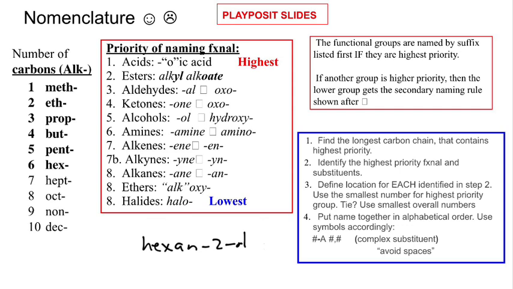If we break that out, we had the hex, then we had the an, which is our hybridization. If it's just alkanes, just a carbon chain, that's it, I would end in the E. If there's a higher priority functional group, I change it from AN-E to just AN.